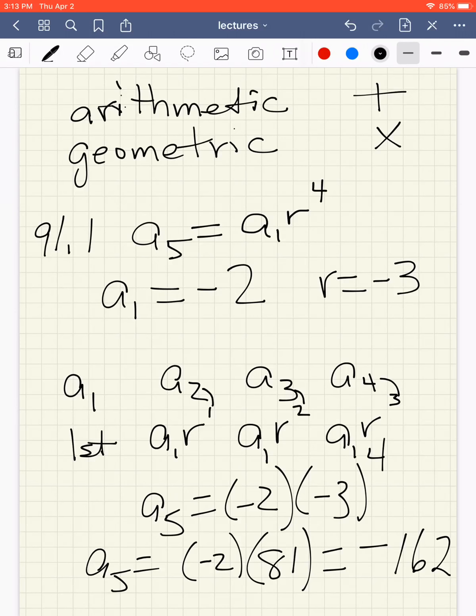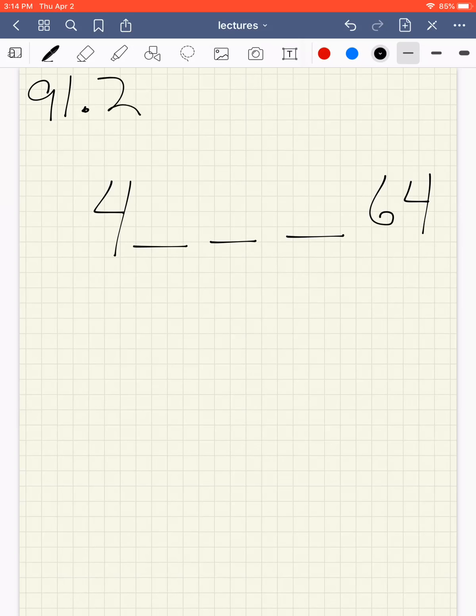On page 536, find 3 geometric means between 4 and 64. So we put 3 numbers between 4 and 64. So this is A1. This would be A2, A3, A4. This is A5. And remember, the formula for A5 is A1 times r to the fourth.